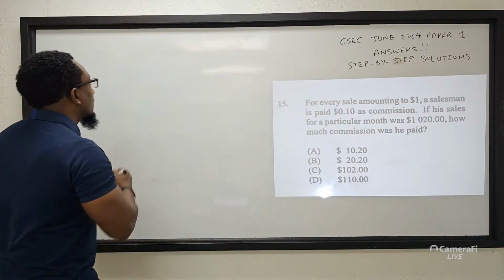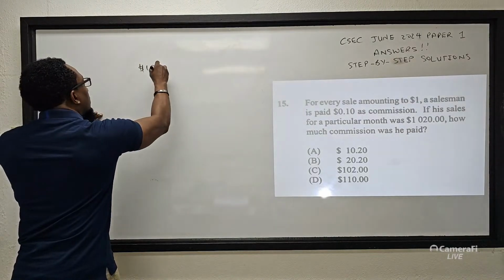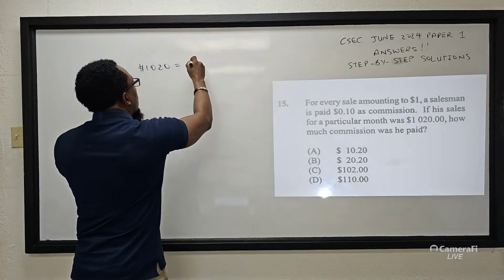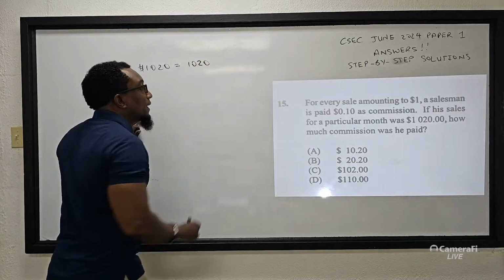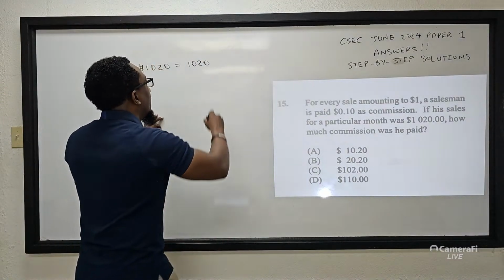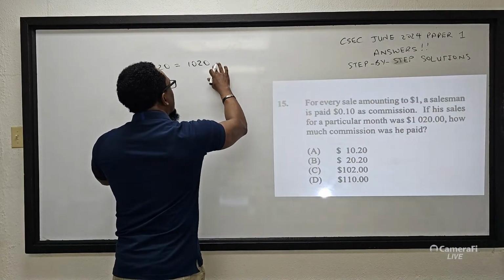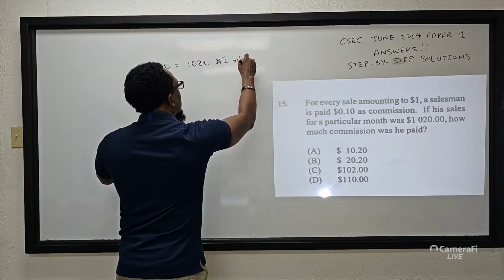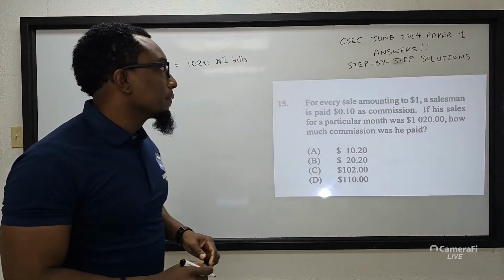So we know that $1,020 is equal to 1,020 $1 bills, right? Okay?